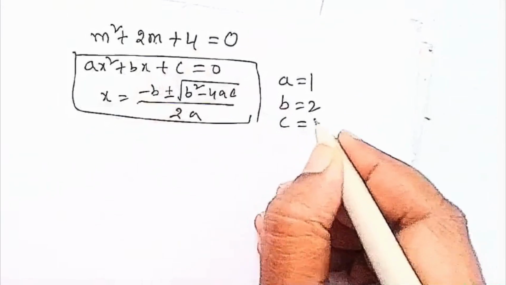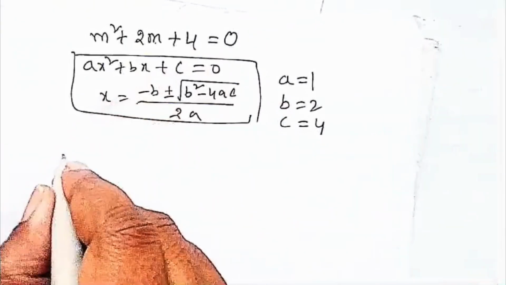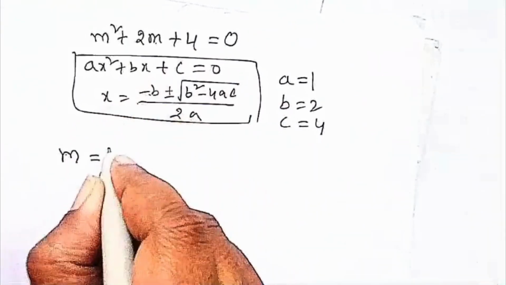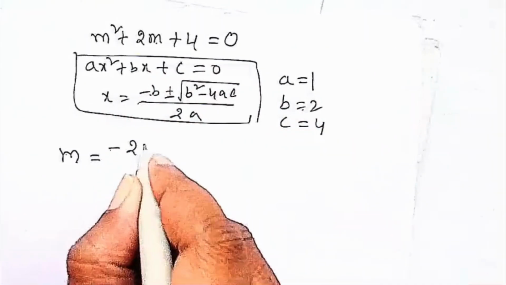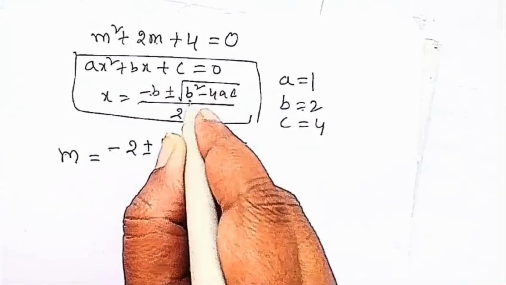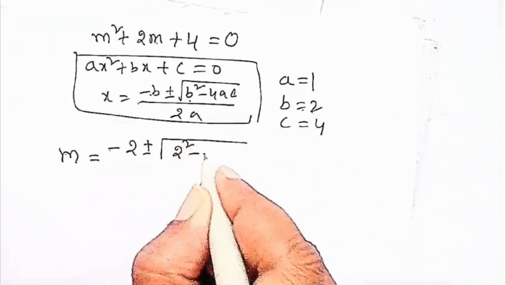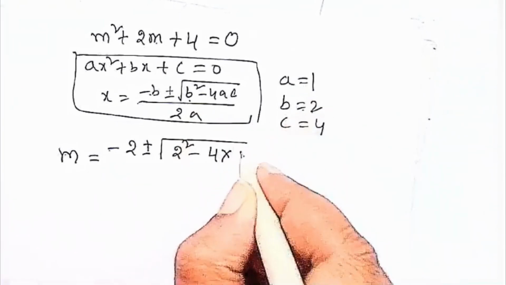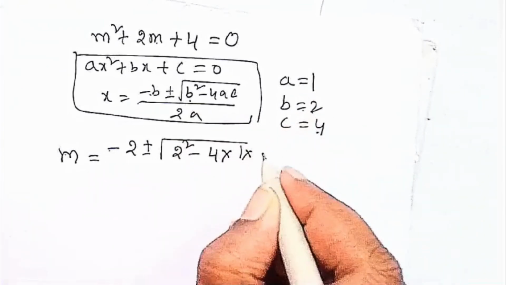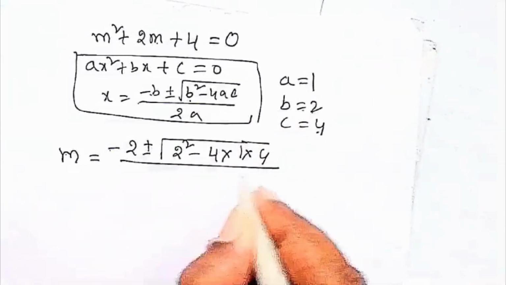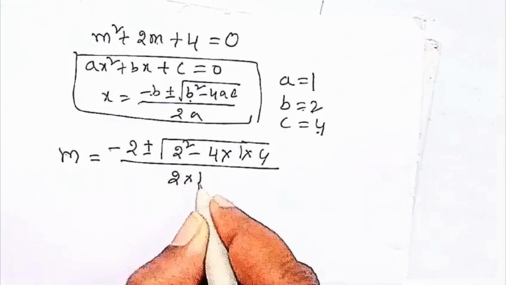Constant is 4. Now m is equal to minus b, means minus 2, plus or minus square root of b square, 2 square, minus 4. The a value is 1 and the c value is 4, all divided by 2. The a value is 1.